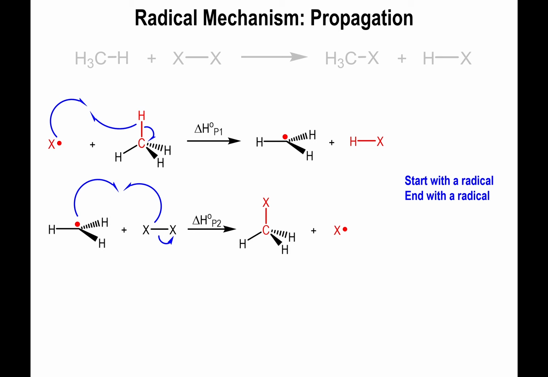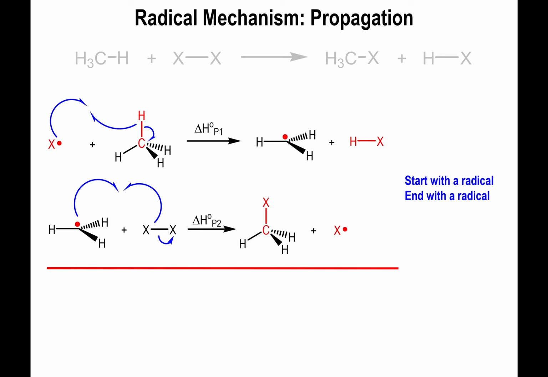So if you accidentally introduce too many radicals in a reaction and the reaction happens to be exothermic, you could end up in a runaway reaction that leads to so much heat formation that you produce a vessel of high pressure that could potentially explode. So you've got to be careful with radicals.